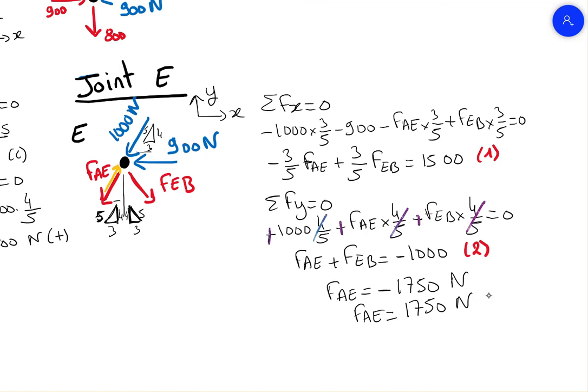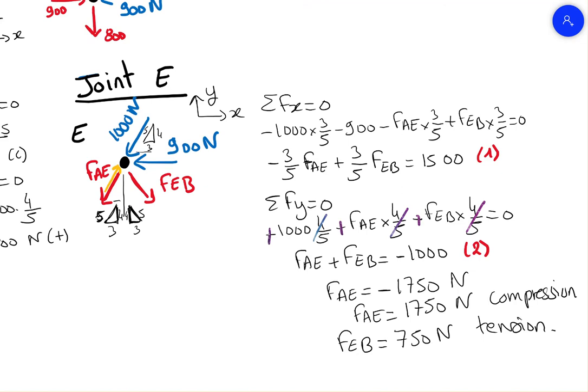So if it's pushing, it's in compression. And FEB is equal to 750 Newton, and we guessed the right direction, so it's tension.